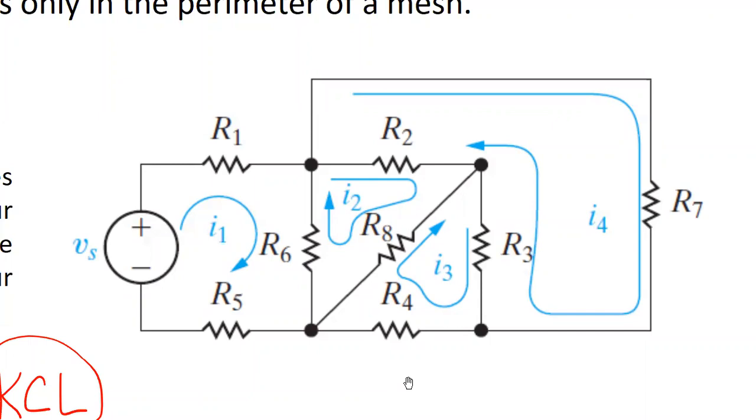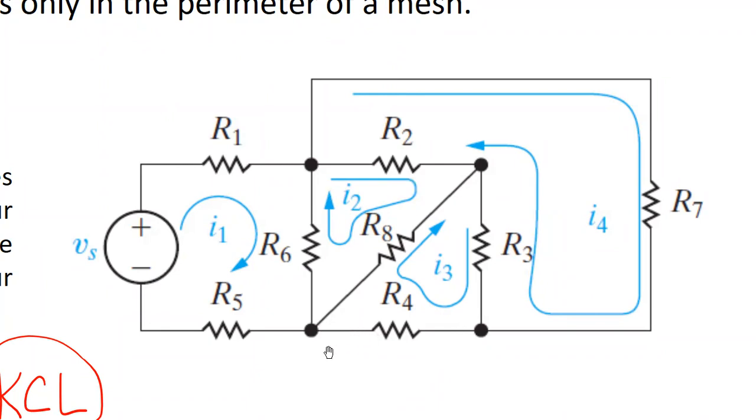If I want to solve this problem using the nodal analysis technique, or nodal voltage technique, how many equations will I have? I see here in the chat box, it says 3. Exactly 3, because we have 4 essential nodes.